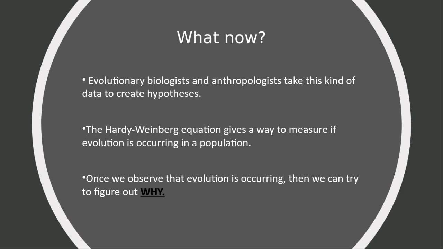Right, so once we observe that evolution is occurring, then we can try and figure out the big question, which is why. And one of the most important elements of being a scientist is that you remain in that 3-year-old stage of always asking why.